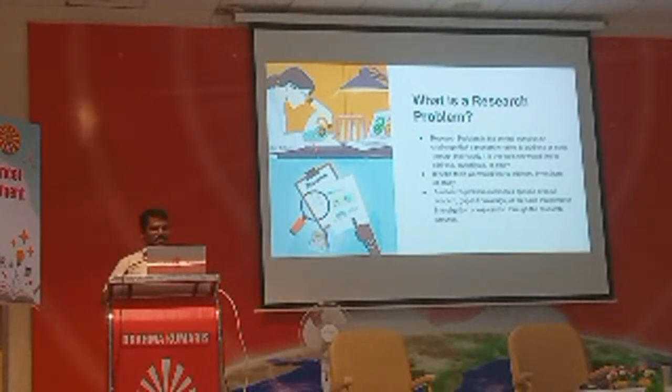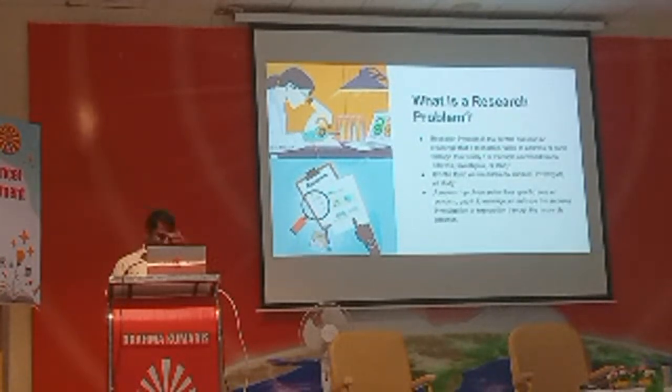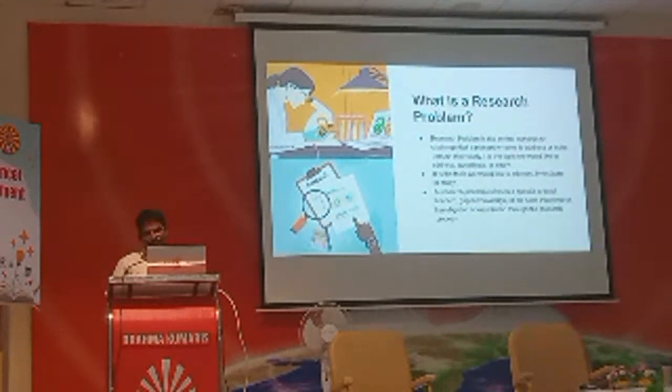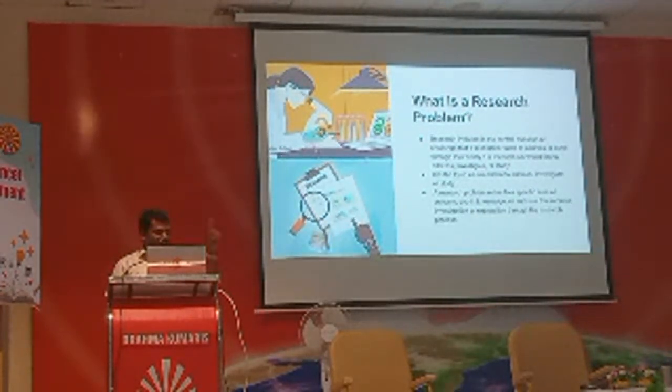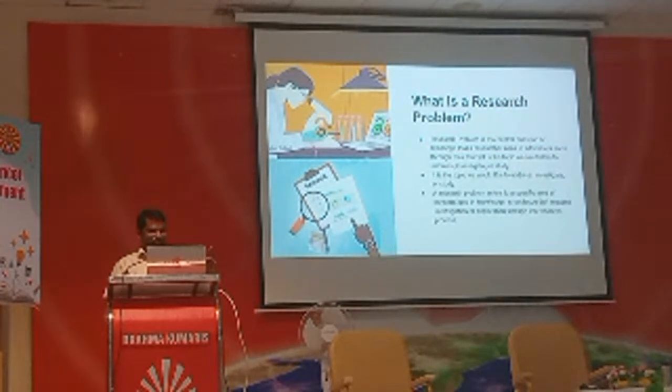Generally, for example, just imagine that you don't know anything about research. You are sleeping at night and you come to know that you are not able to sleep properly. And you get a question: why am I not sleeping properly? So there is a question in your mind. You try to find an answer for your question.